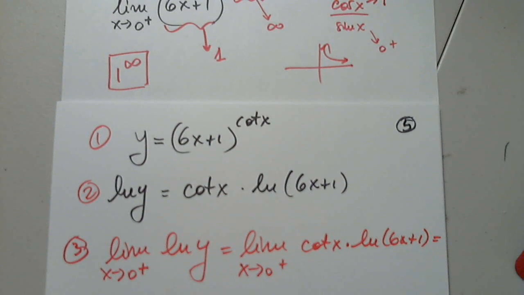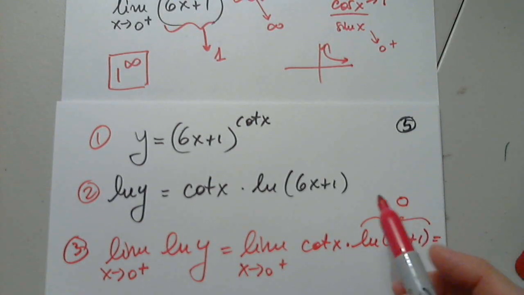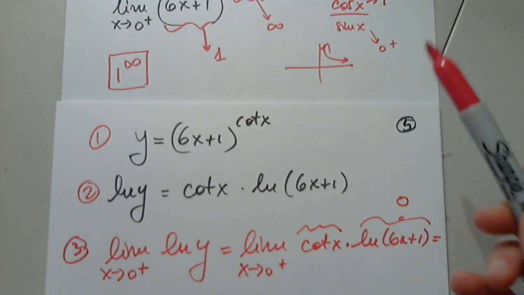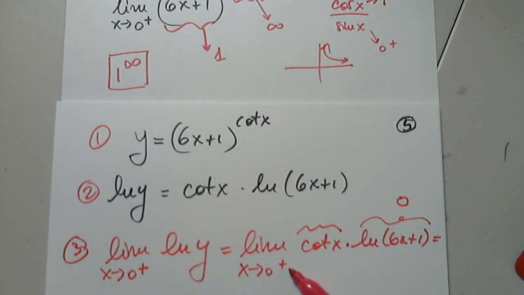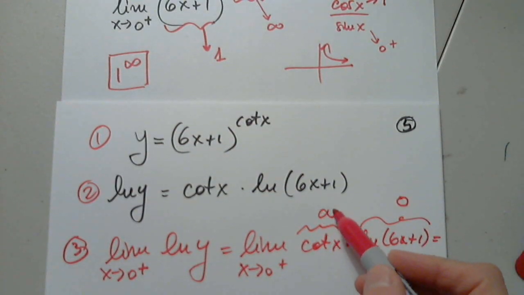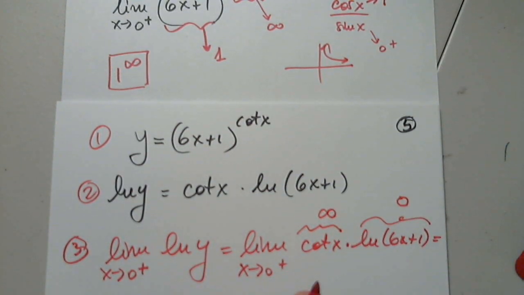Now I realize that when x approaches 0, this approaches natural log 1, which is 0. And cotangent is cosine over sine. When x approaches 0, this approaches infinity. So I accomplished a lot.